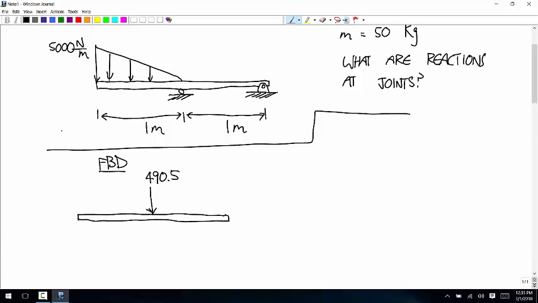And then we have the distributed load (5,000 newtons per meter). And then we have to think about the joints. Let's do one more thing, actually. Let me put a force this way of 4,000 newtons.